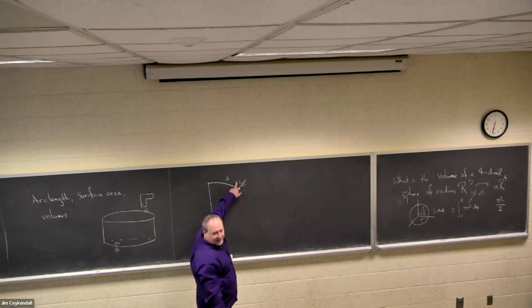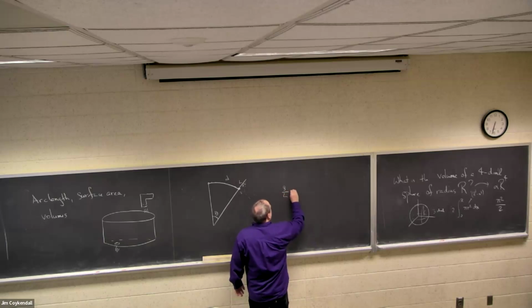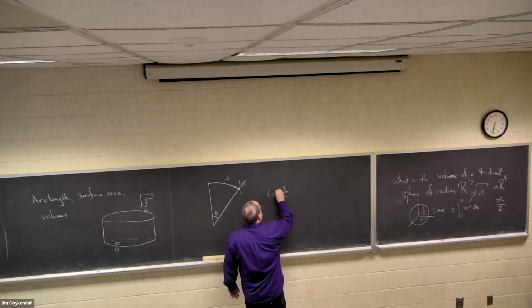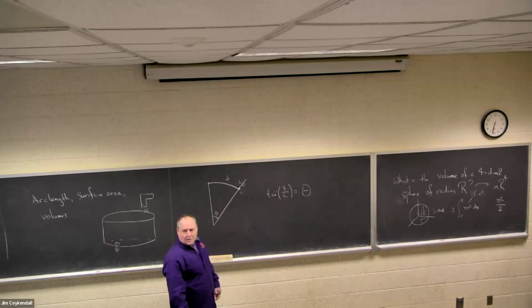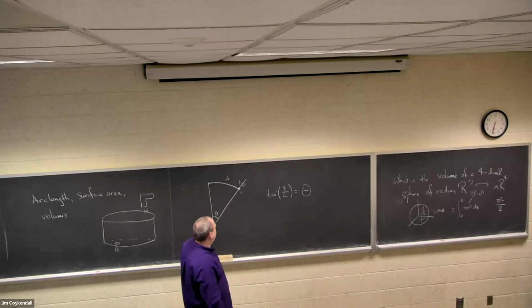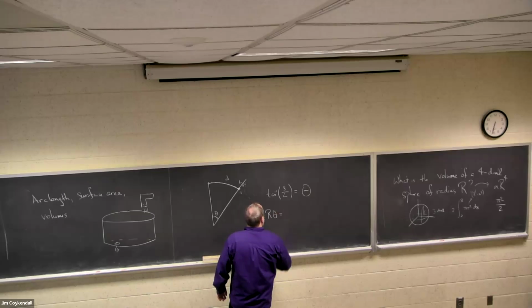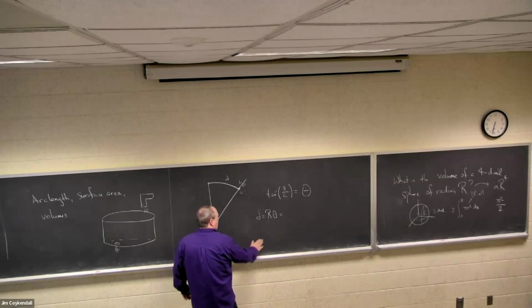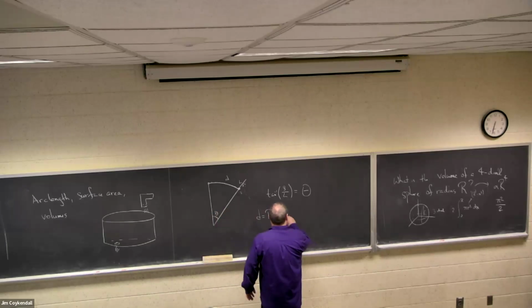But if his stick was L and he measured the shadow S, then S over L, well, the inverse tangent of S over L is equal to theta. Right? And of course, that's the same here. And he used that. And so he gets this quantity.